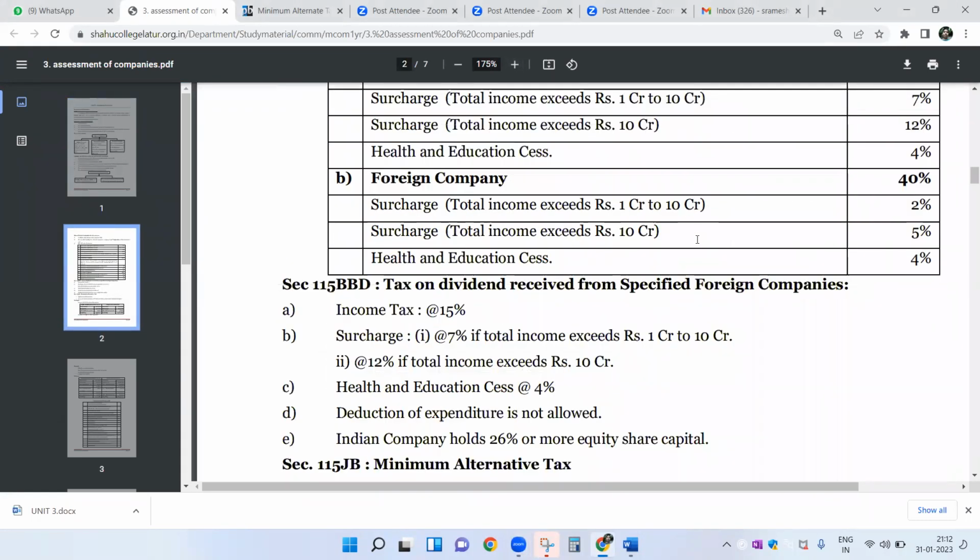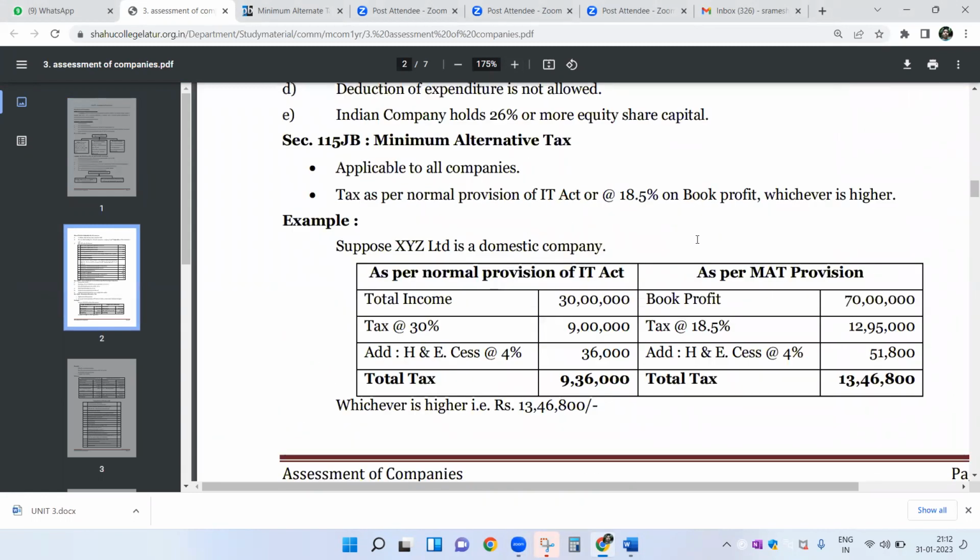Now you see, with the help of one example, I will show you. Here is section 115JB, minimum alternative tax. As per the normal provisions of the Income Tax Act, the income is 30 lakh rupees. On 30 lakhs, 30% tax means 9 lakhs.